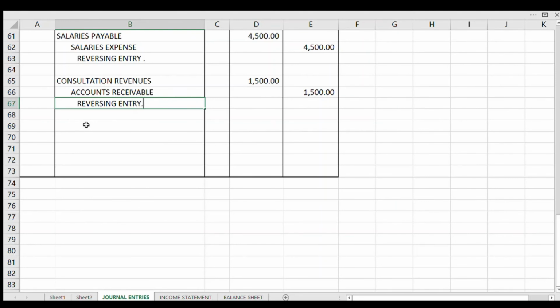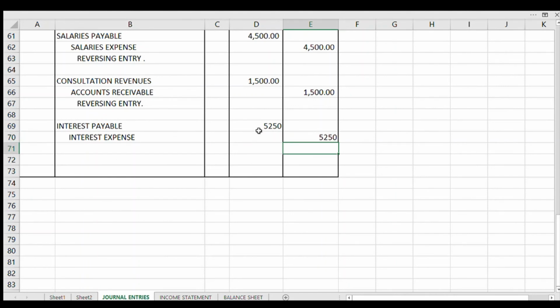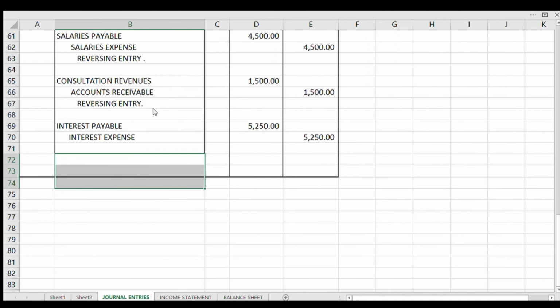Yes, so accrual of interest, that is interest payable and interest expense. All right, so that is 5 to 50 and 5 to 50. We just pick up what we had in the adjusting entry, no?